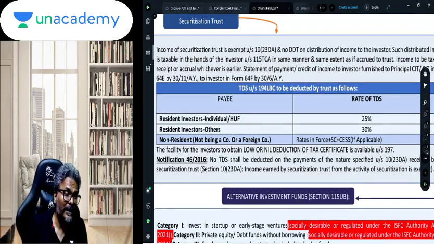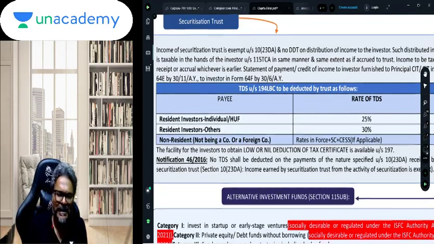then at that particular point of time, the income will be completely taxable in the hands of the unit holder, and the taxation would be done in the same manner and to the same extent as the said income would have been taxable in the hands of the securitization trust.